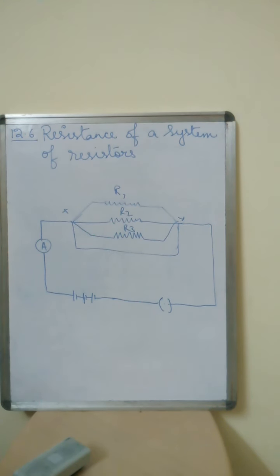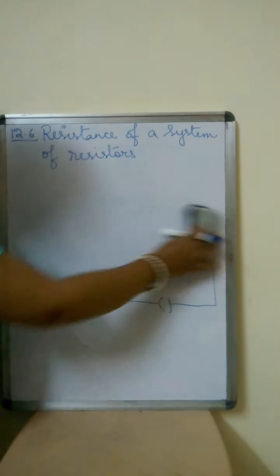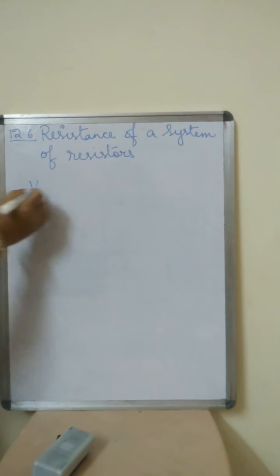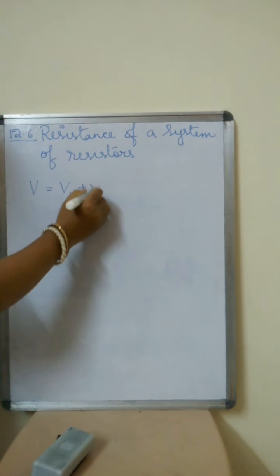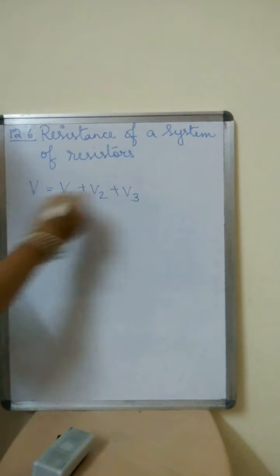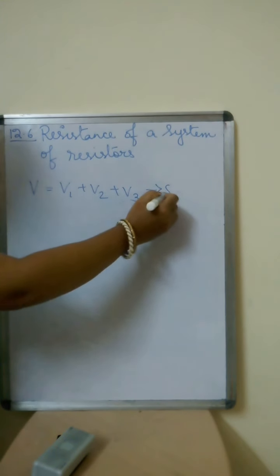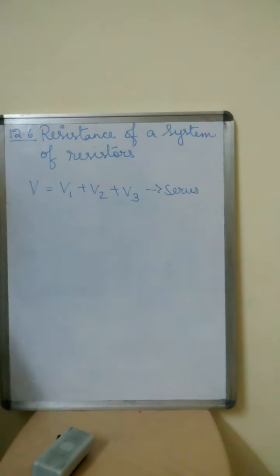When it is resistors in series, we have earlier studied that the potential difference V is equal to the sum of the potential differences V1, V2 and V3. This happens when the resistors are connected in series.